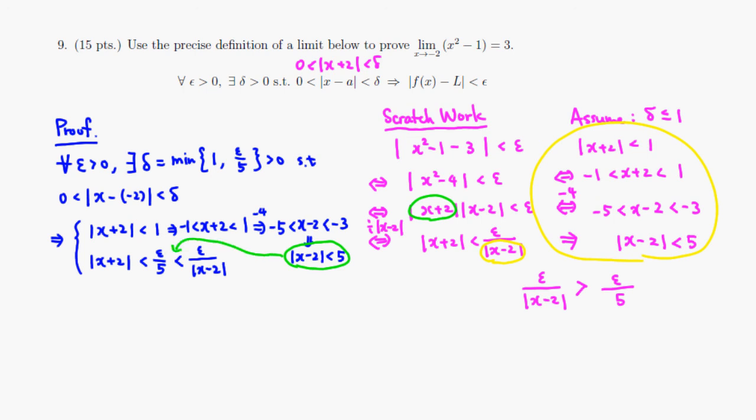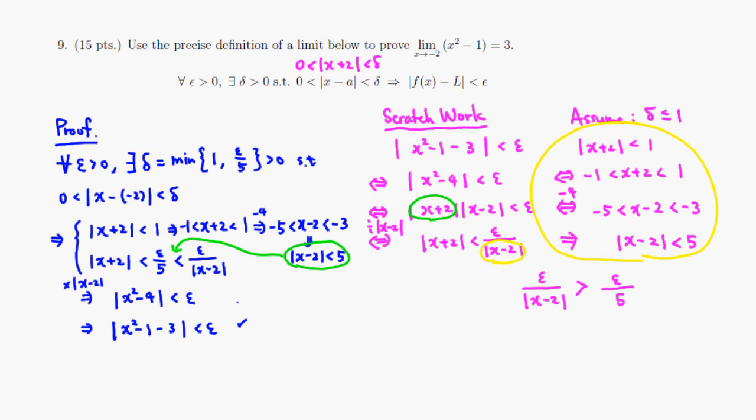From there, we can get this inequality by multiplying both sides by the absolute value of x minus 2. We get the absolute value of x squared minus 4 is less than epsilon, since the absolute value of x minus 2 cancels out. And then we can rewrite it as the absolute value of x squared minus 1 minus 3 is less than epsilon, which is what we wanted to get.